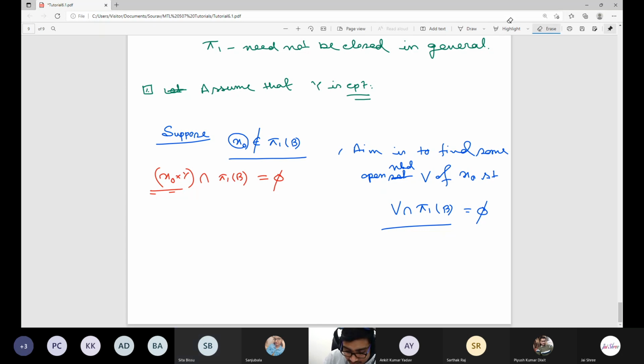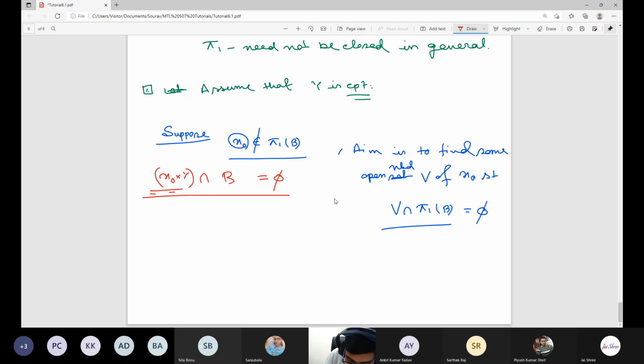Exactly. Intersections can happen between two sets which come from the same superset, right? So pi1 inverse of (x0, y) intersection B is empty, right?